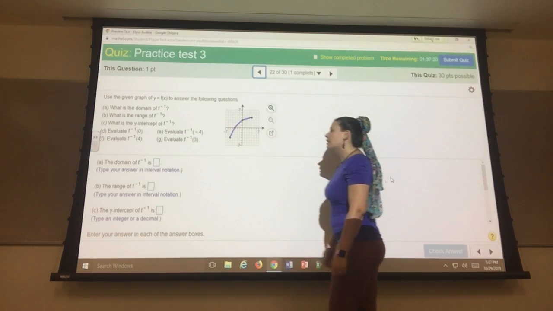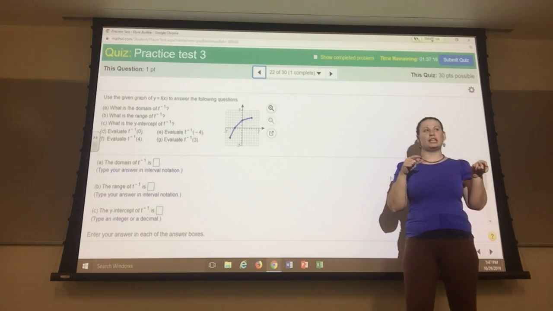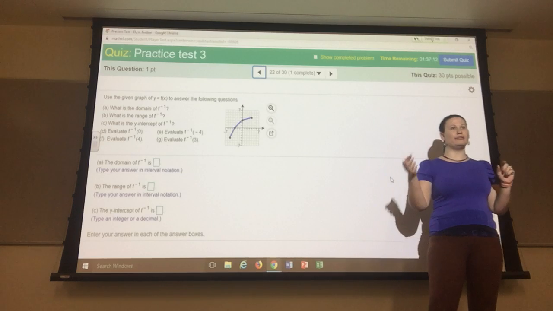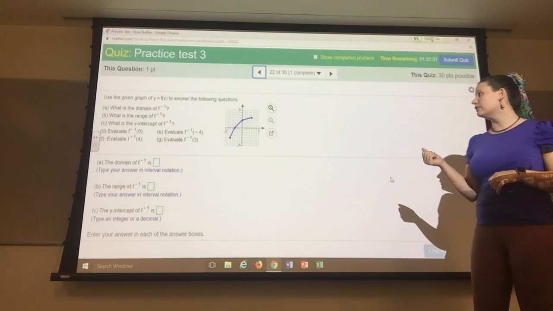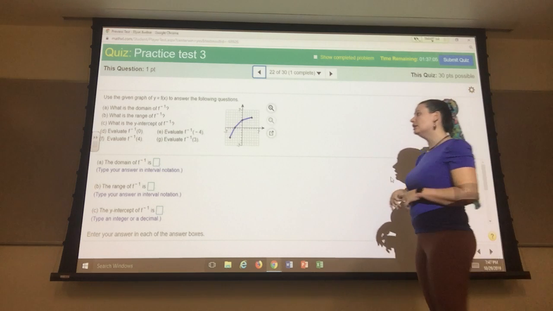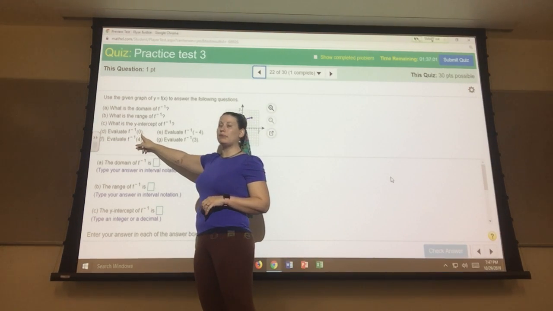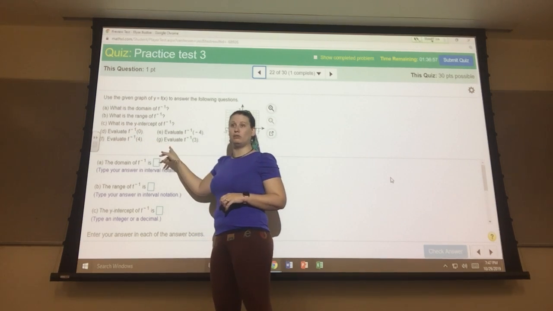Okay, and then what is the y-intercept of f inverse? It's the what of f? X-intercept. So whatever it is, just flip x and y, right? For inverses. Okay, so then we want to find f inverse of 0. That means we're finding f of what equals 0.